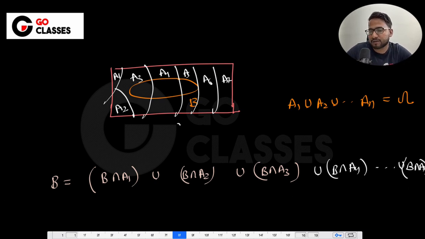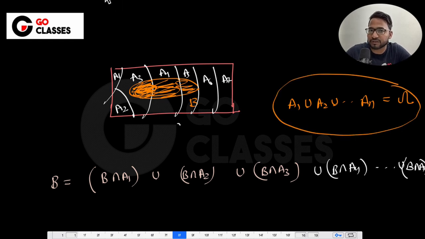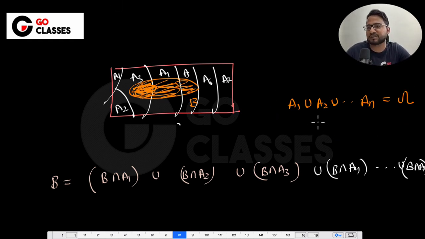The answer is yes. Because B intersection A3 may be phi, but since it is mutually exhaustive, this part must be covered in some event, this part must be covered in some event, and this part must be covered in some event. And since you are writing all the events, automatically all the parts are covered, right? So if these are mutually exhaustive, meaning all of these combined make the sample space, then you can definitely write like this.